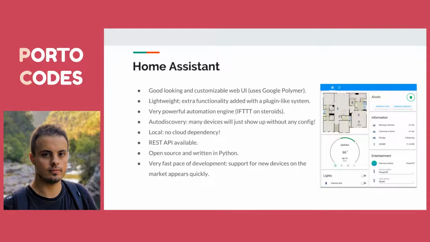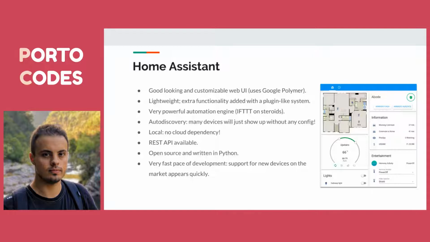It is very light, and the core of it is very simple and fast. You can extend it with a plugin-like system. It has very powerful rules. If you ever used IFTTT, Home Assistant is much more powerful than IFTTT.